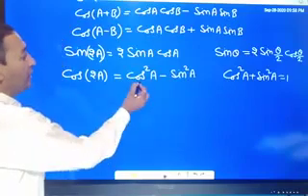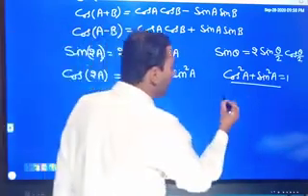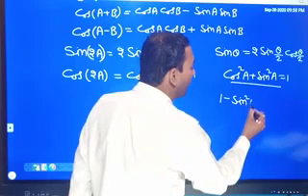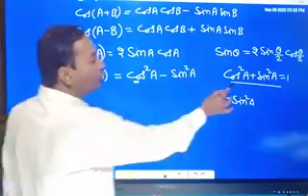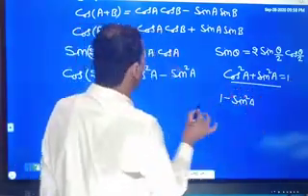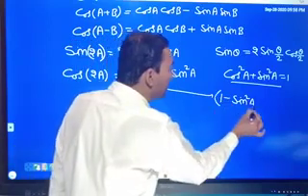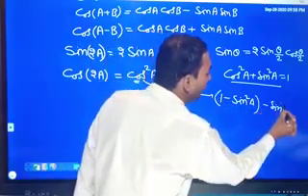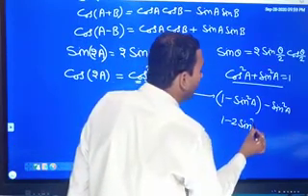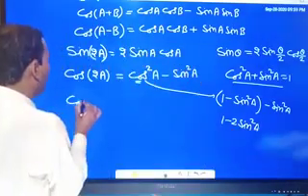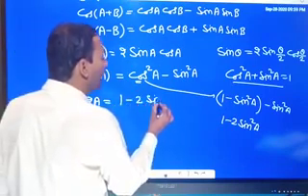By this identity we can write that cos square A is 1 minus sin square A. If we put 1 minus sin square A here, then the value becomes 1 minus sin square A minus sin square A. So it becomes 1 minus 2 sin square A. So cos 2A is also written as 1 minus 2 sin square A.